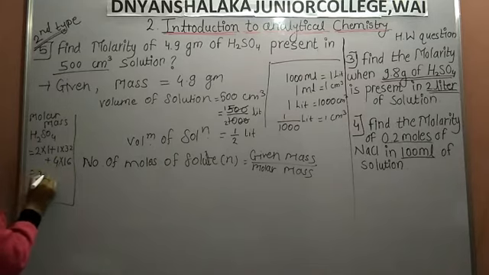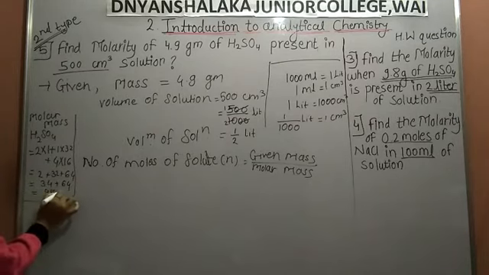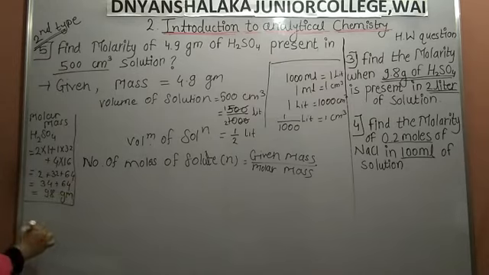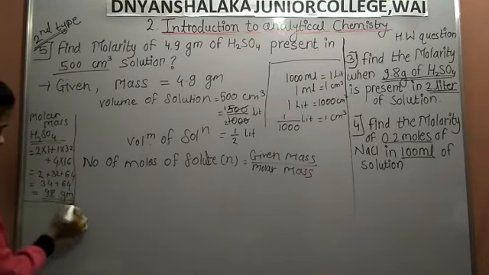So 2 ones are 2, plus 32 ones are 32, plus 16 fours are 64. So 32 plus 2 is 34, plus 64, we get 98 gram. This is the molar mass of H2SO4.